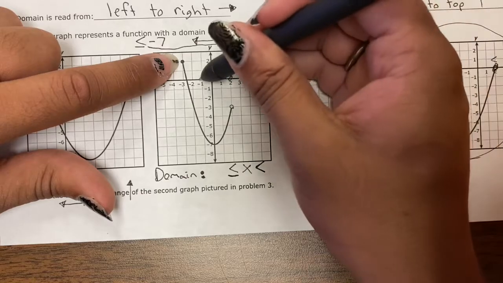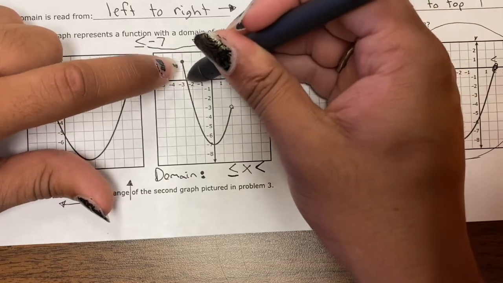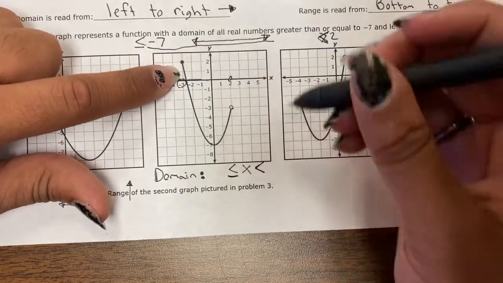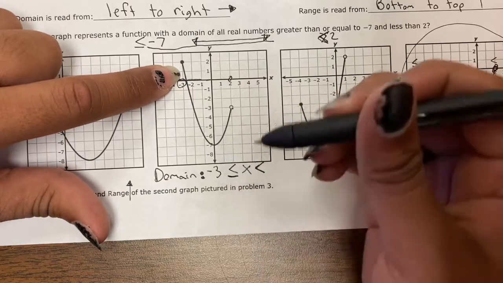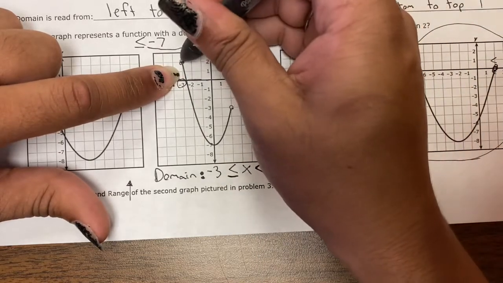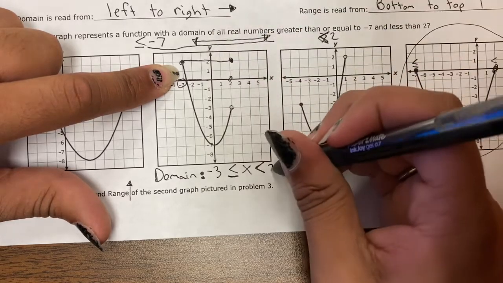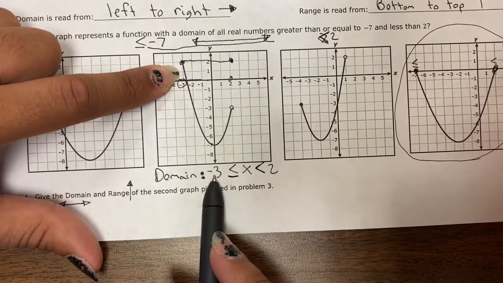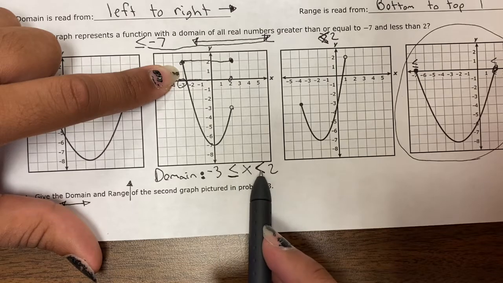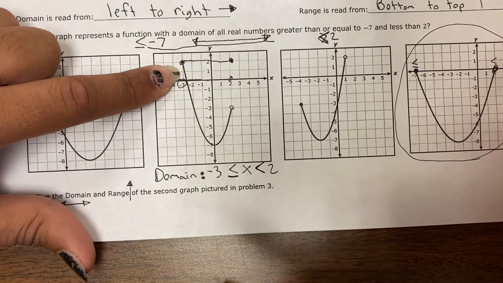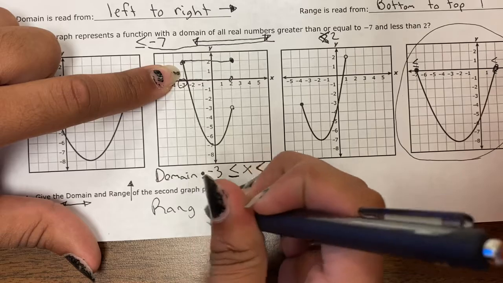So then I want to look at the numbers. So on the far left, I have -3. So the furthest point left is -3. And the furthest point right is 2. So my domain is -3 is less than or equal to x, less than 2. And then we have our range.